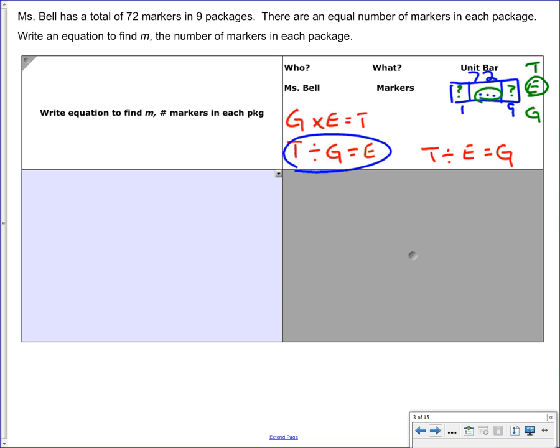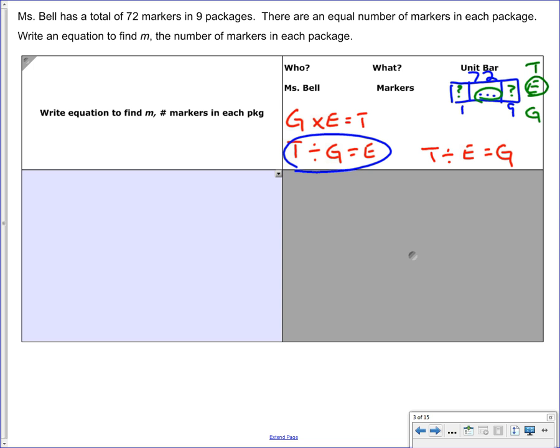So we can tell that this is a division problem based on our picture. The total's on top, so we know how many groups, and we're looking for how many are in each group. Pretty much any time we know the total, it's going to be either subtraction or division. Because we have equal sets, it must be division.